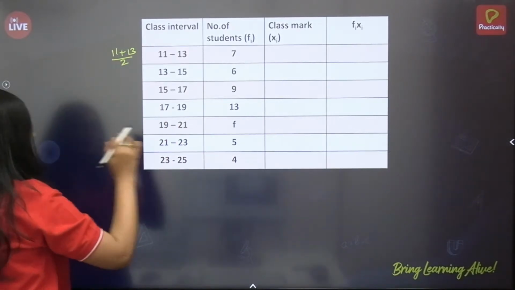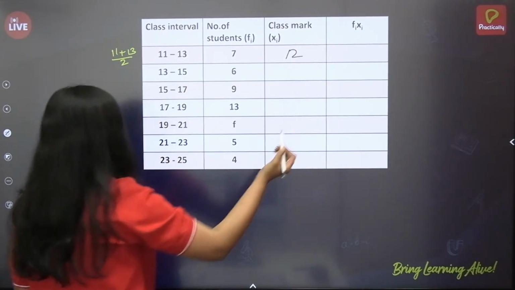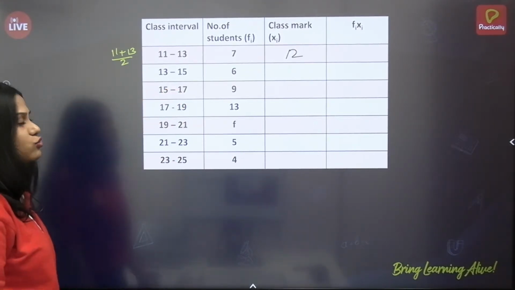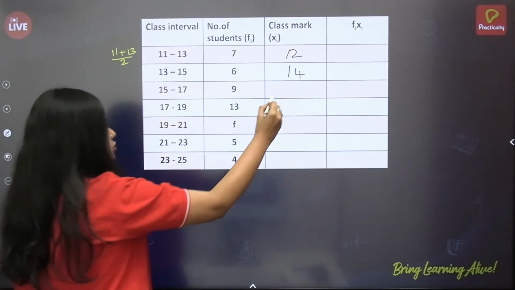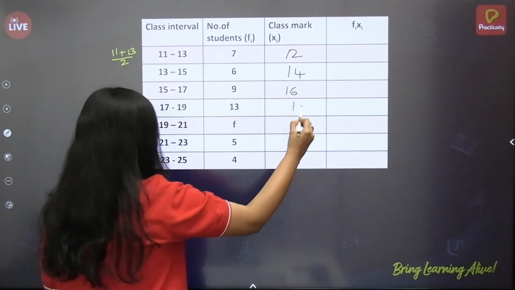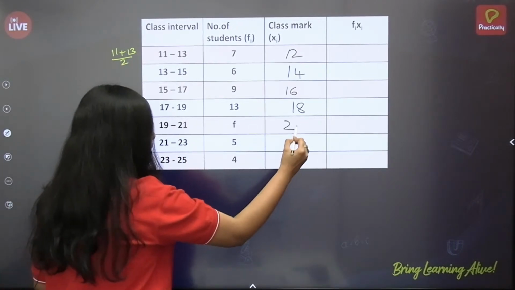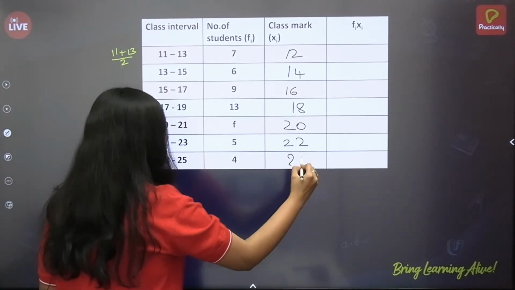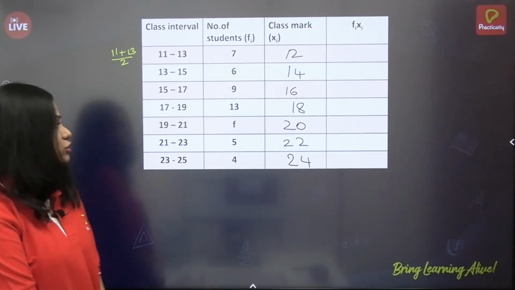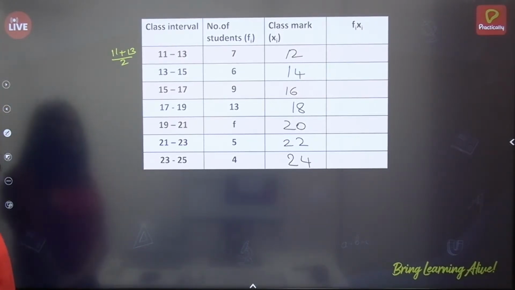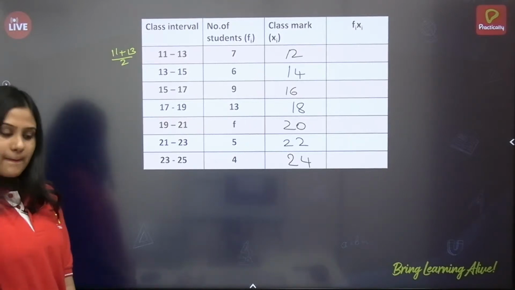Next, 13 plus 15 by 2, 14. It's the exact middle value. So this will be 16, 18, 20, 22, 24. Yes, very good, Aryan. Now we got the xi.